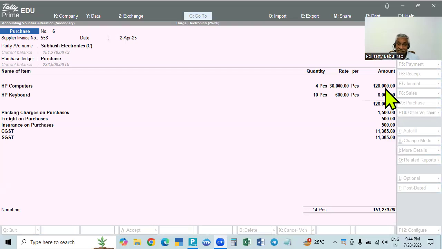This is the second method, irrespective of the rate of the stock items. The additional expenses are individually calculated at 18%, and the total amount will be shown. So these are the two methods.